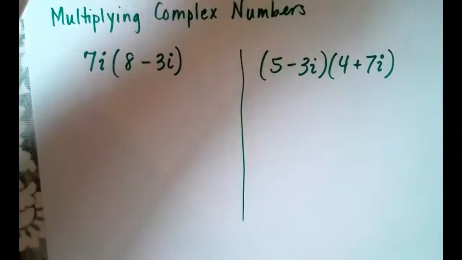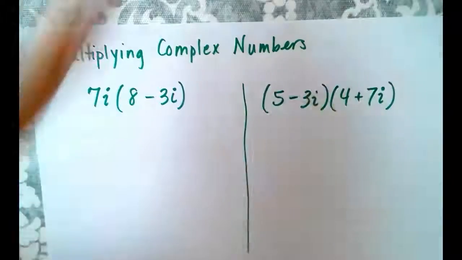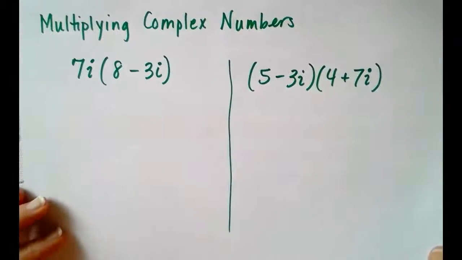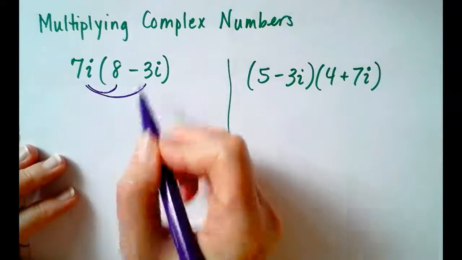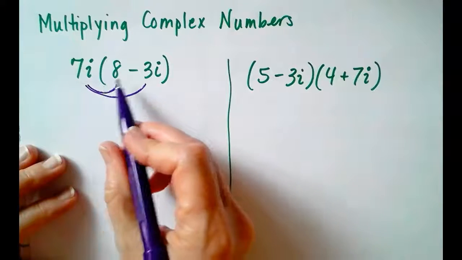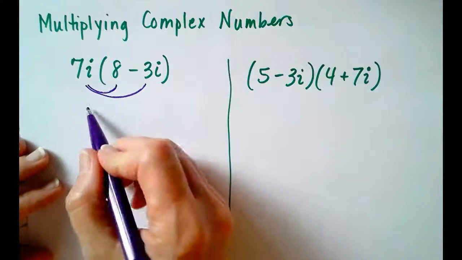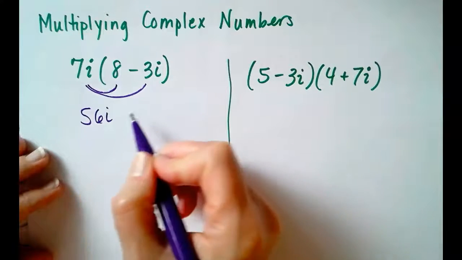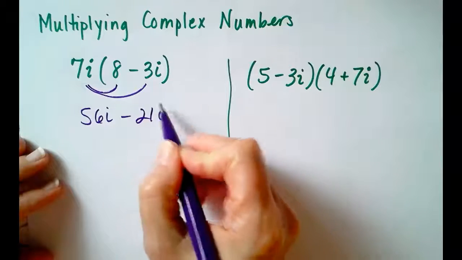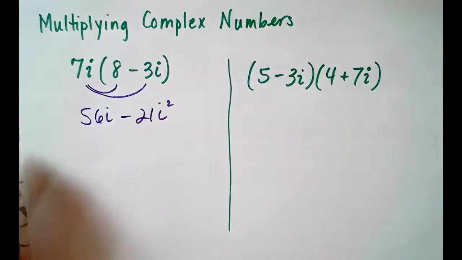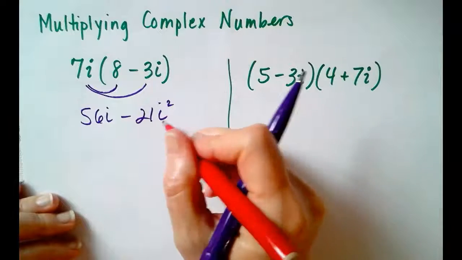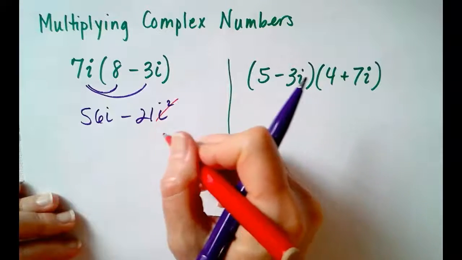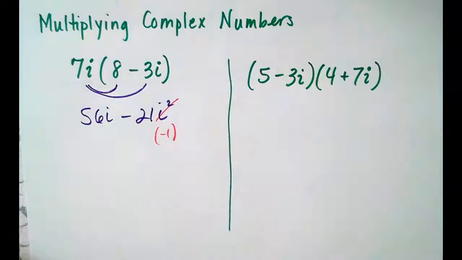Multiplying complex numbers, we have to think about the powers of i that we discussed in the last video. So if we distribute 7i times 8 minus 3i, we will get 56i minus 21i squared. Every time we see i squared, we substitute in negative 1.